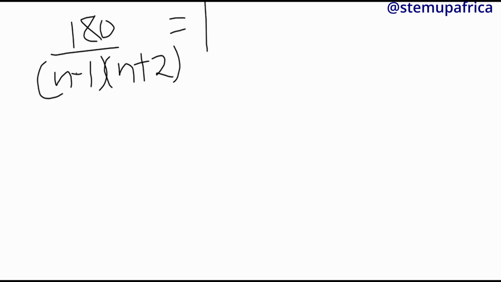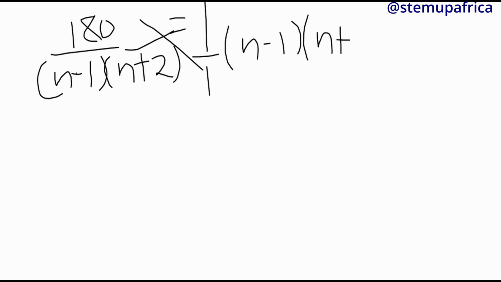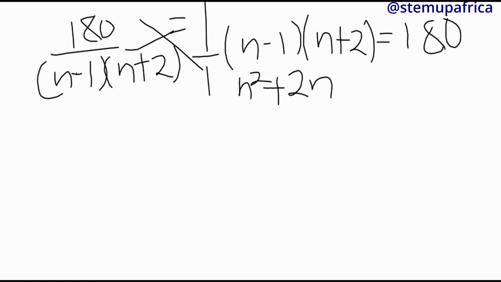So what happens from here? We can simply cross multiply. Here is over 1. Cross multiply. I'm going to have (n minus 1) times (n plus 2) equal to 180. So we should open the bracket: n squared plus 2n minus n minus 2 equals 180.